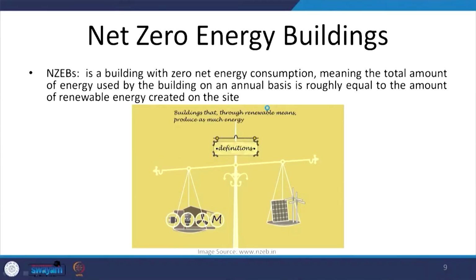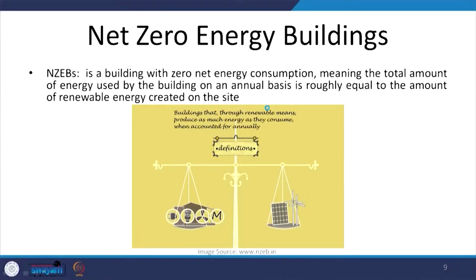A net zero energy building is a building which has zero net energy consumption, which implies that whatever energy is going to be consumed in the building, the same amount of renewable energy will have to be created on site. So, we do not take any energy from outside the site, and all of it is created on the site itself.